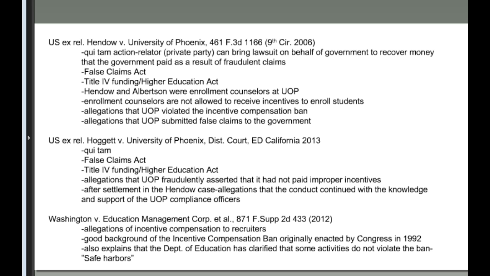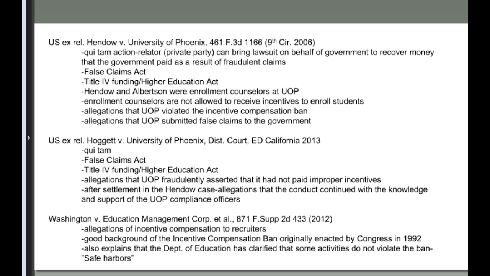So Hendel and Albertson, as relators, brought the qui tam action under the False Claims Act, alleging that the Higher Education Act, Title IV funding, which regulates all of the Title IV funding of the universities, was not being followed. Then that case was resolved, and I'm not going to tell you how. You can go read how that case was resolved.